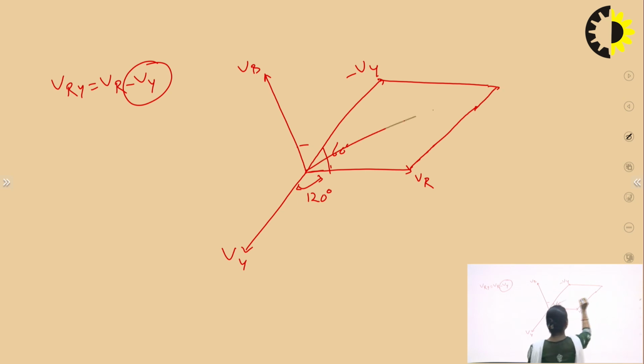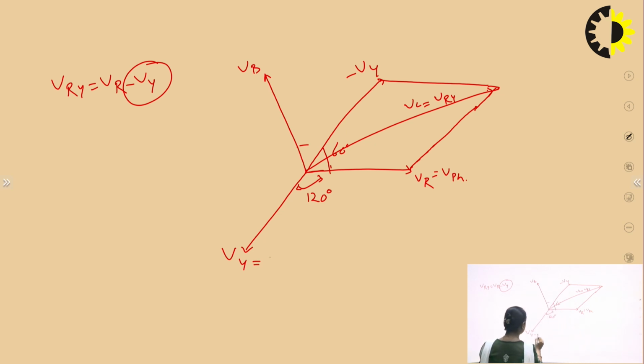This is VRY, which is nothing but VN. These we have drawn are all phase voltages, and this VRY we are getting is the line voltage.